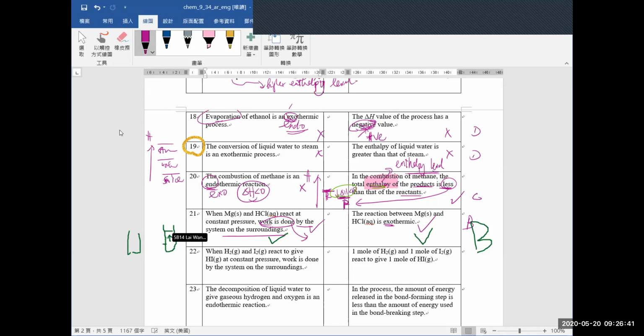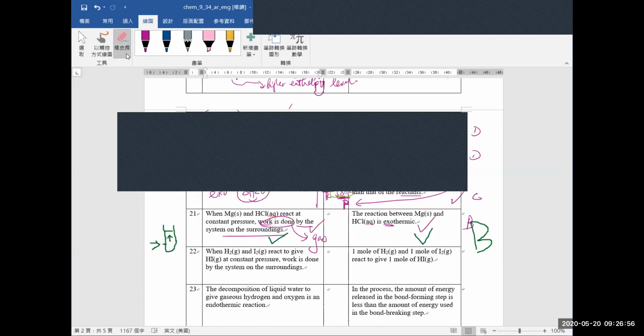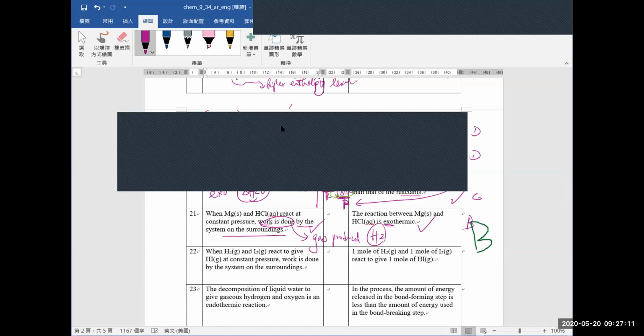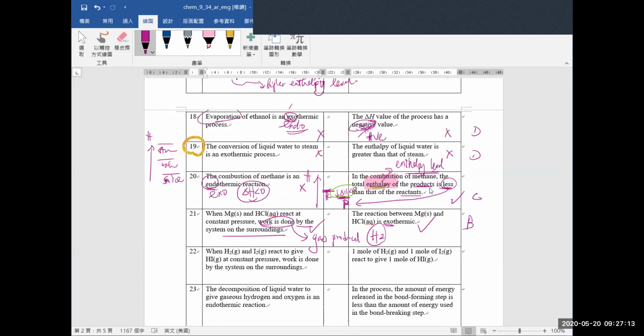In chemistry, we relate it to gas production, which will make an expansion of the system. Because you have got some gas formed, you know, it is hydrogen, right? So it will contribute to the work done. Understand? But the two statements are not related to each other.